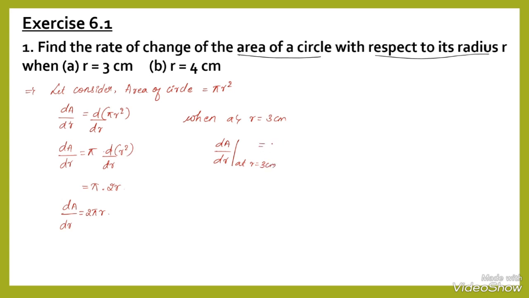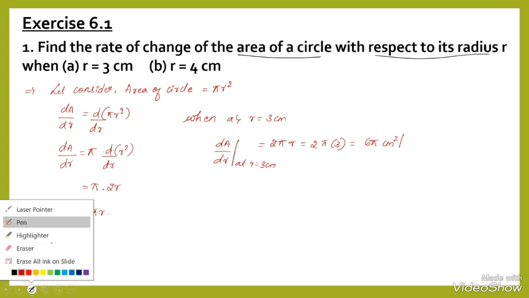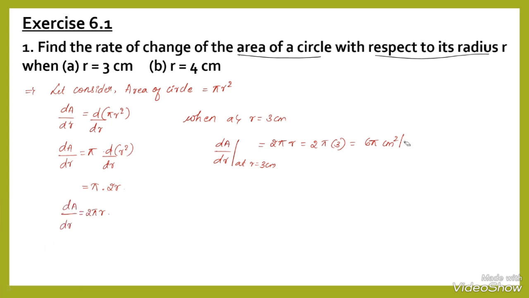So substitute in 2 pi r, that is 2 pi times 3. The rate of change of area of the circle will be 6 pi centimeter square per radius. So 6 pi centimeter square with respect to radius.